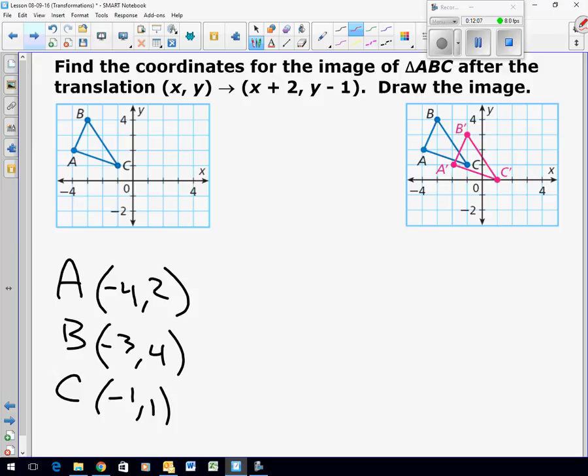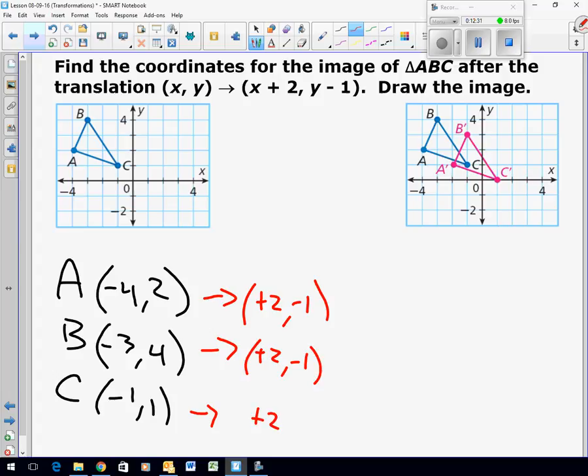Now understand something. All I've done right there is this step right here. I've just defined my X and Y for each of these 3 coordinate points. That's all that I've done. We will apply to each of these coordinate points the following transformation. We'll add 2 to the X, subtract 1 from the Y. Add 2, subtract 1.